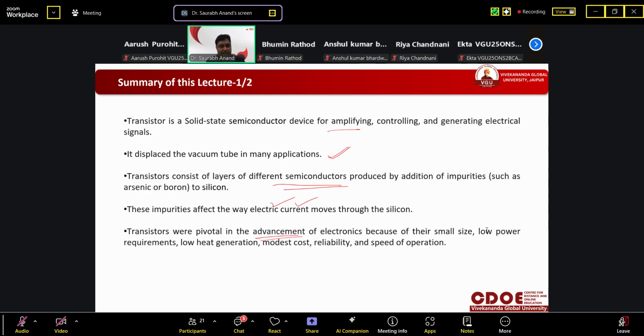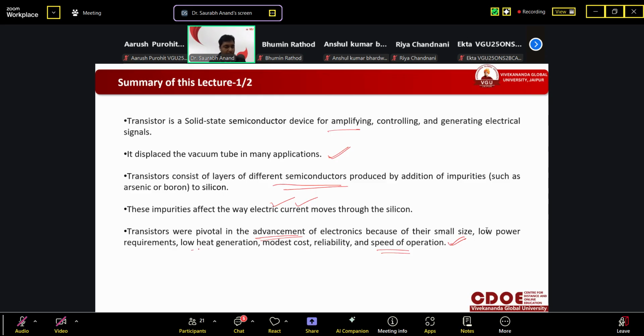Now it is a semiconductor device, so it provides proper output value. Reliability is good. Speed of operation: earlier it provided the output a little late, now it gives fast output, so its speed is high.